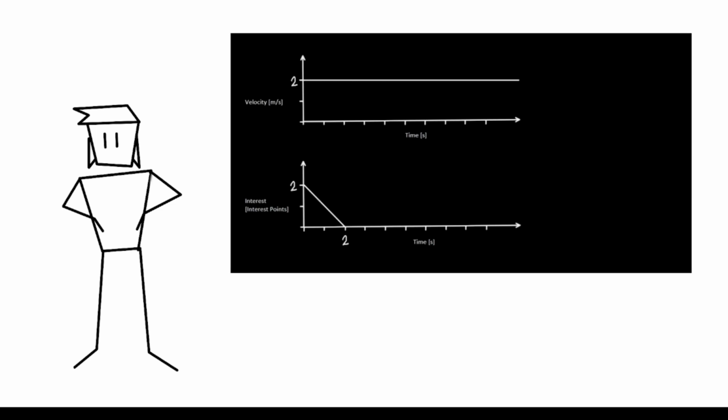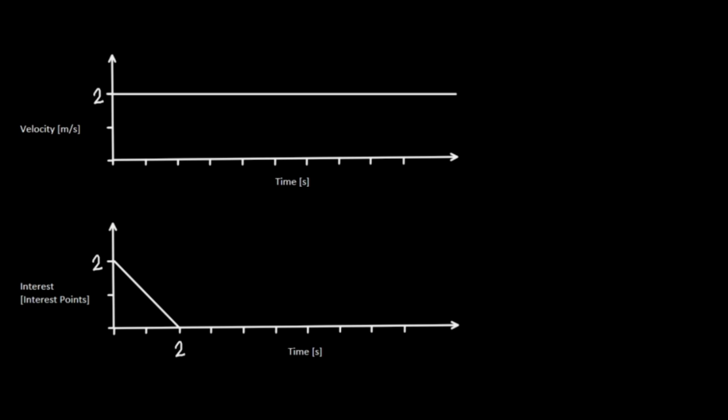Brilliant. Right, let's graph out what just happened there. Okay, so first of all, let's take a look at the graph of the car's velocity against time. On the x-axis, we have time in seconds, and on the y-axis, we have velocity in meters per second. The car drove by, as we've seen, at a constant speed, meaning the velocity did not change, and therefore the rate of change of velocity was 0.